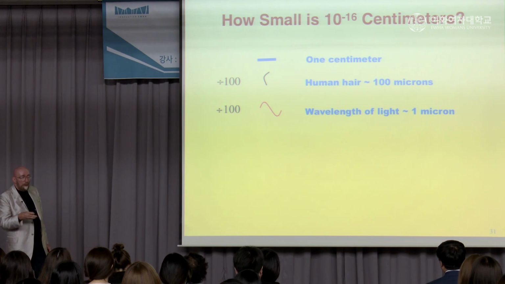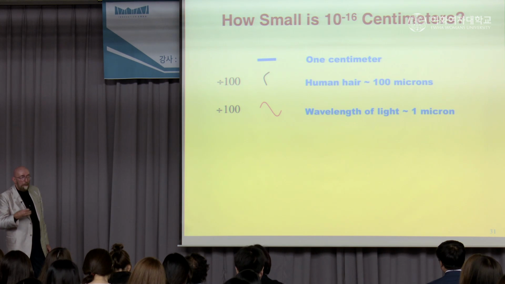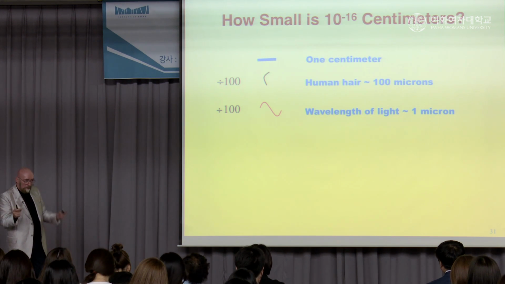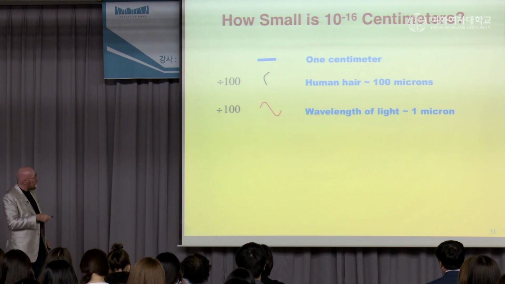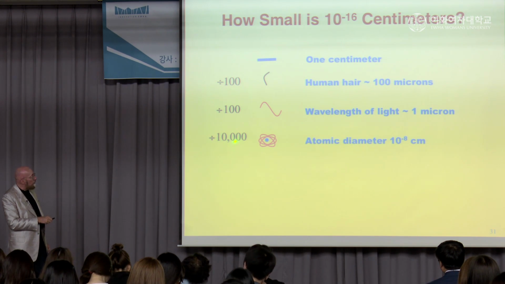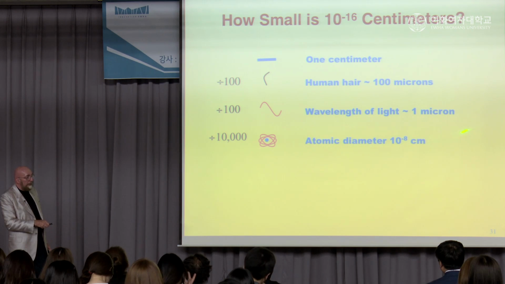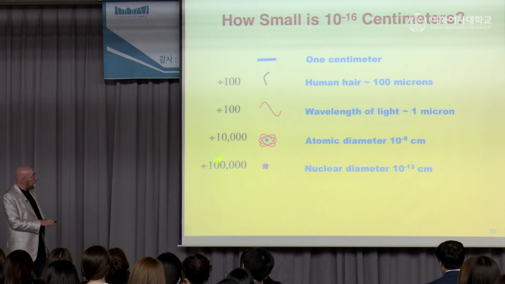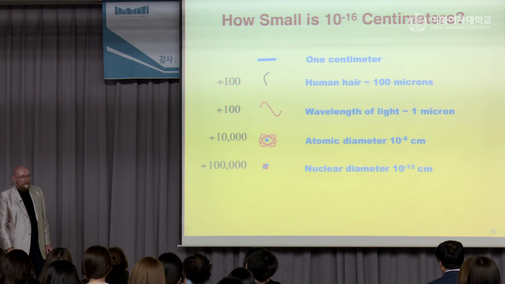And we use interferometry. I didn't say this, but obviously we use interferometry with light beams in order to measure those motions. Divide by 10,000, you get the diameter of an atom. Divide by 100,000, you get the diameter of the nucleus of an atom.